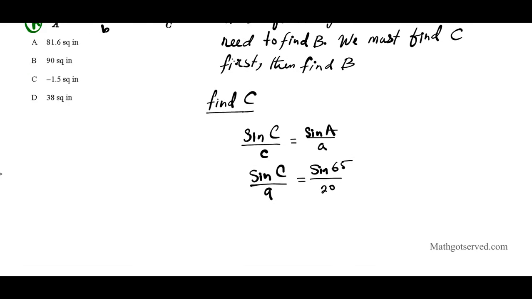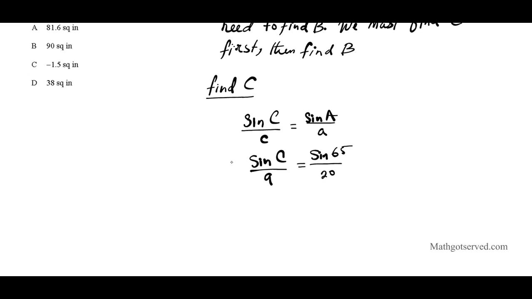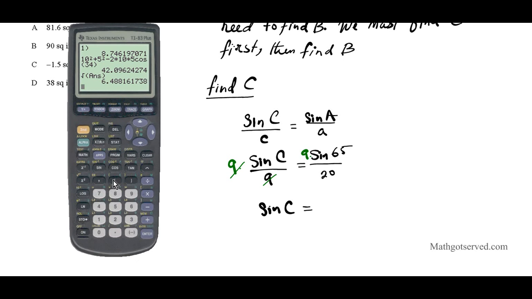Now to get sine C by itself, we'll multiply both sides by 9. Let's divide out. We have sine C equals, let's see what we get when we compute 9 sine 65 over 20. So parenthesis 9 sine 65, close that, divided by 20.